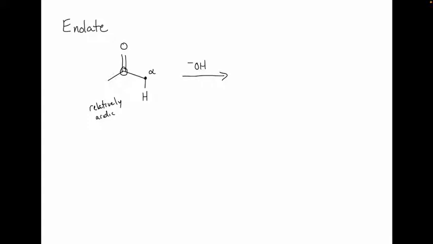So if I have a base, I can remove that hydrogen and create what's called an enolate. Really this is a carbanion where you have this negative charge on a carbon. That's something that's very bizarre. Carbon really does not like to give up its hydrogens.